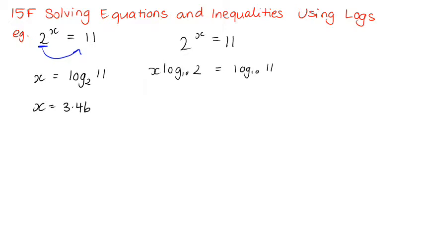And as x is being multiplied in front here, we can just take the log base 10 of 2 over and divide it. Right, and if you were to do that on the calculator, you should get the same answer.